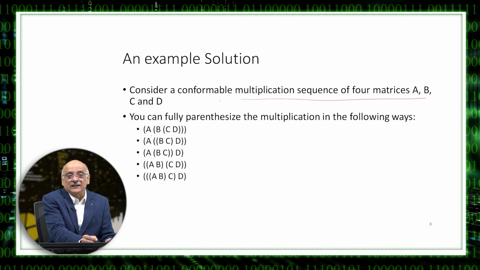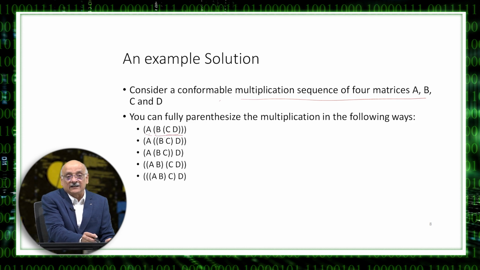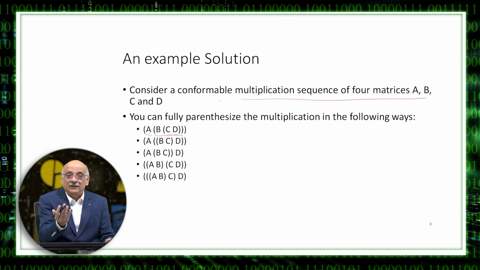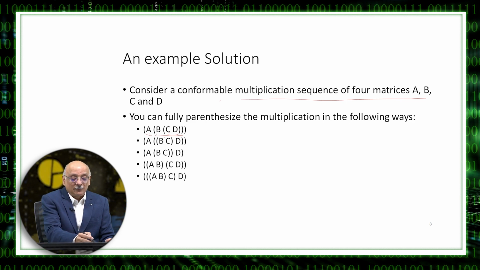So the first way will be, if I simply multiply CD, then B with the result of CD, and then A with the result BCD. The sequence cannot change in that. Otherwise, conformability will break, and since that property is not valid, it's not going to work.